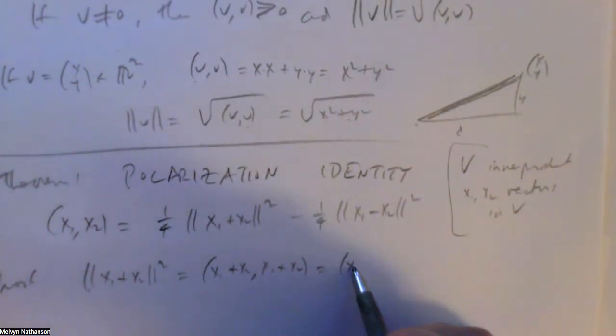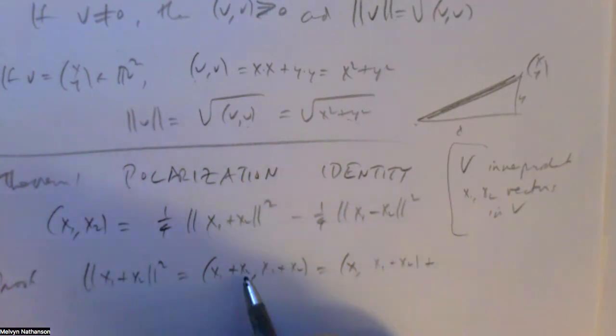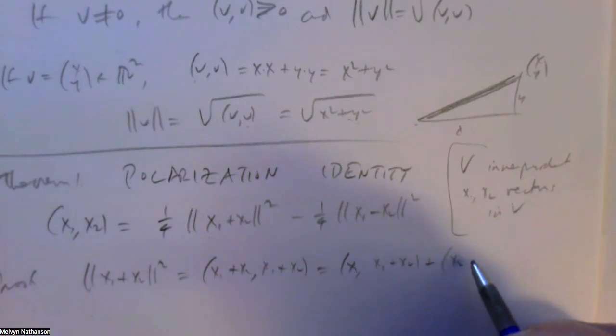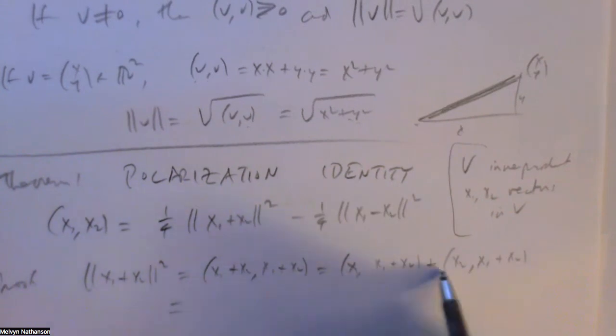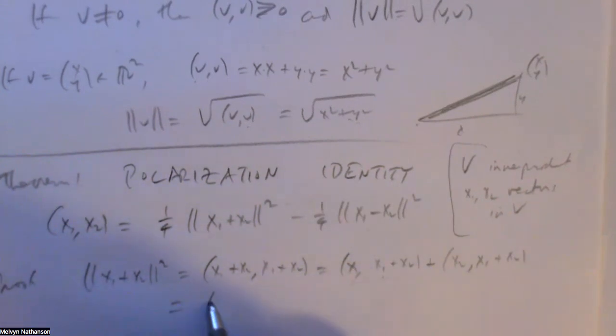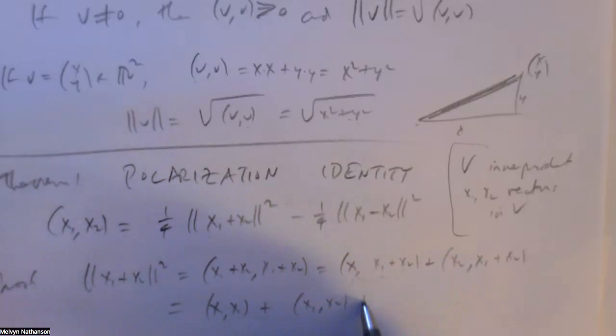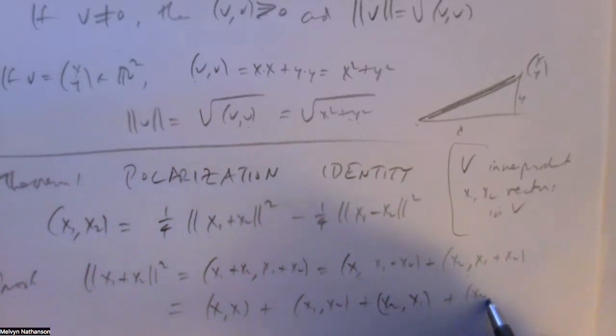This is x1 inner product with x1 plus x2, plus x2 inner product with x1 plus x2. If we expand this, we get the inner product of x1, x1, plus x1, x2, plus x2, x1, plus x2, x2.